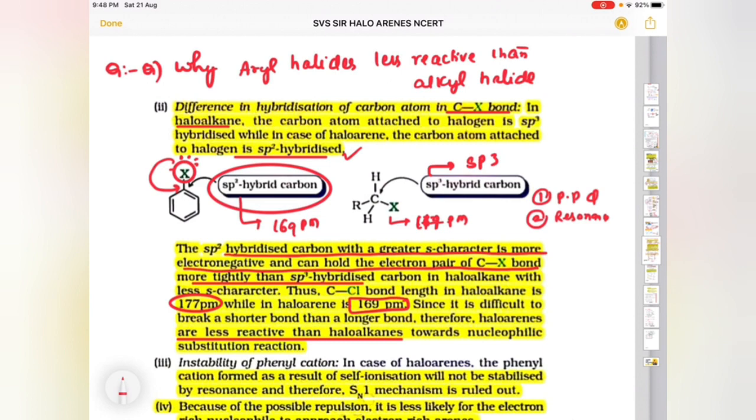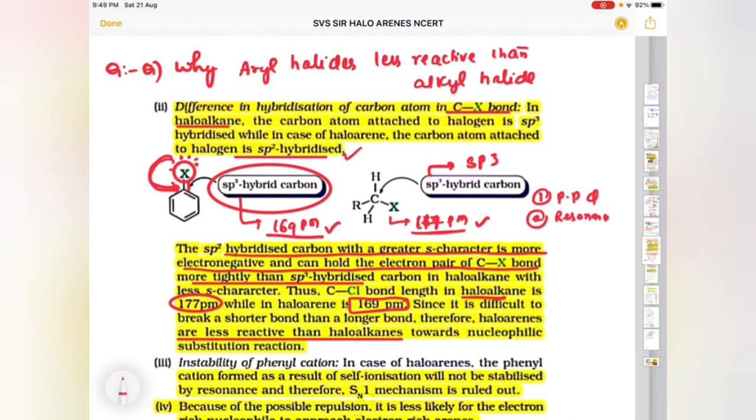Because of resonance, there is a partial double bond character. The lone pair is coming closer. Because of double bond character, attractions will increase. So bond length is 169 picometers, whereas in haloalkanes we have 177 picometers.